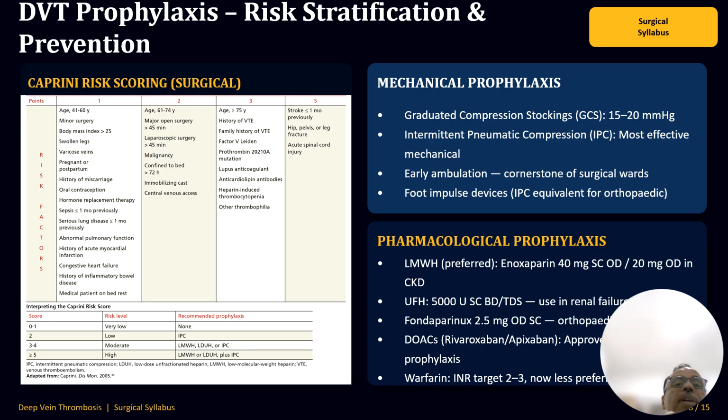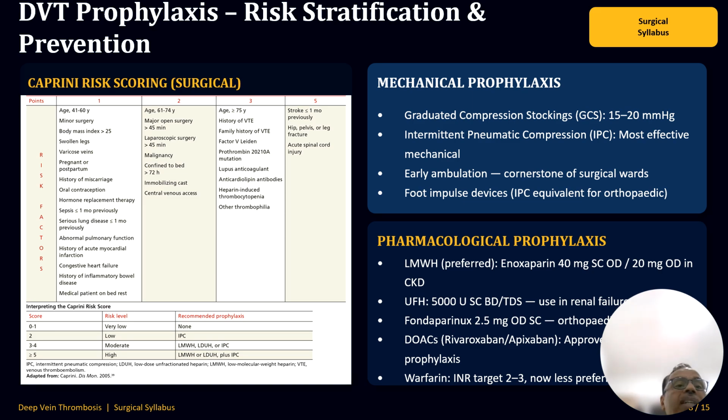So just to sum up, if the Caprini risk score is 0 to 1 based on the criteria and totaling, then the risk level of development of DVT is very low in this patient, and no prophylaxis is advised for such a case. If the score is 2, then the risk level is low, and then you can use intermittent pneumatic compression in such cases.